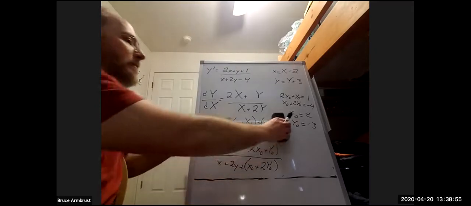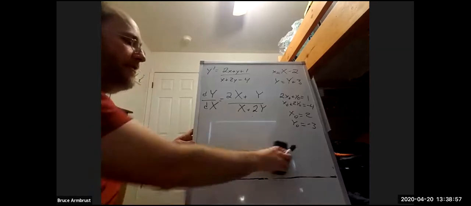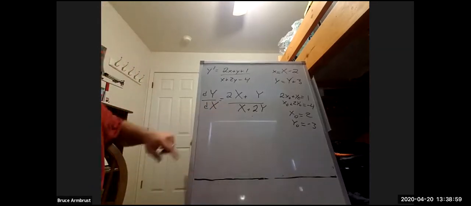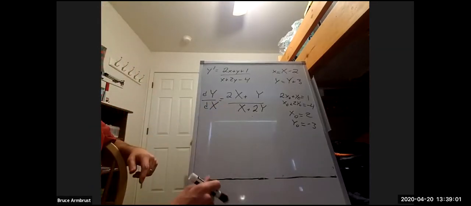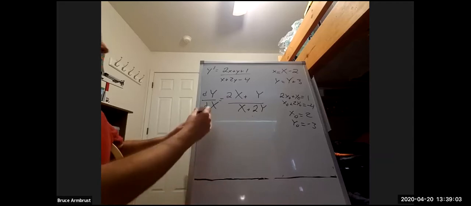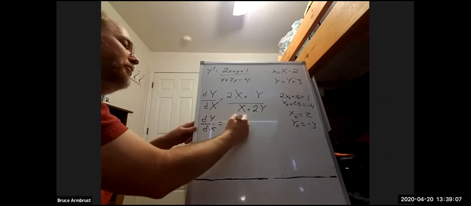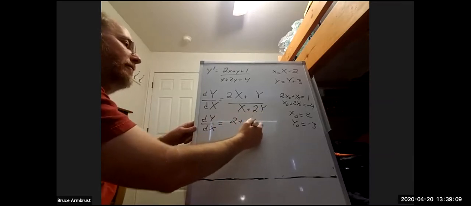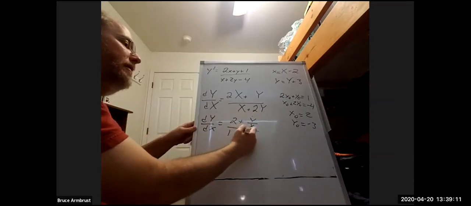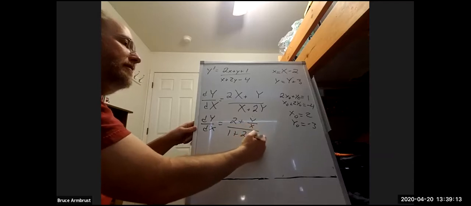All right. So basically that means we just need to solve this homogeneous equation. So we'll go ahead and divide by big X. So we get dy/dx is equal to 2 plus Y over X over 1 plus 2Y over X.